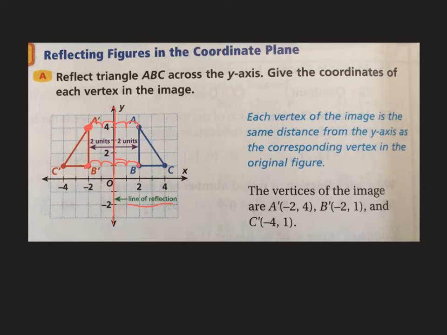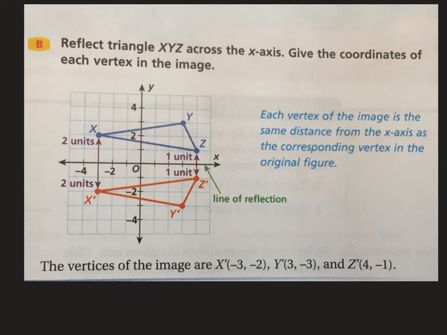And C is 1, 2, 3, 4 spots to the right, so C prime is 1, 2, 3, 4 spots to the left. Then, once I get my points plotted, I connect the dots. There we go. That is called a reflection.